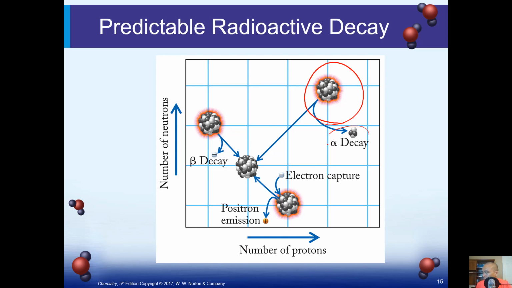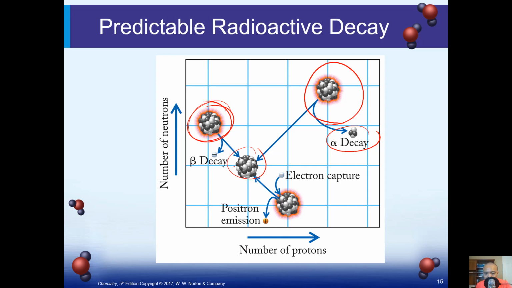They will undergo alpha decay to go to more stable isotopes, and they can get down to the band of stability. And the radionuclides that are neutron-rich and lie above the band of stability will tend to undergo beta decay and go to the band of stability.